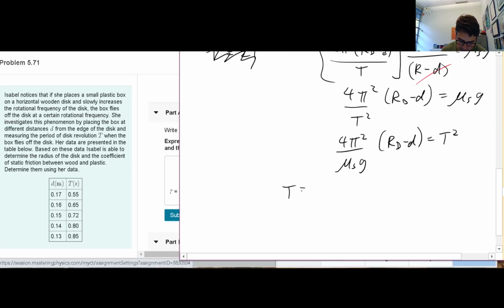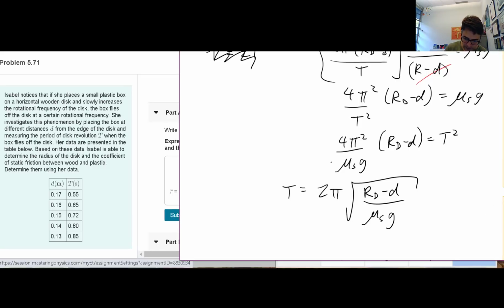So t is equal to the square root of, the 4 pi squared can come out, so you're going to have 2 pi times the square root of (r_d minus d) divided by mu sub s times g. So that's the distance divided by meters per second squared, so that's going to be a second squared square root. You're going to get seconds. So the units are seconds, so that should be okay.